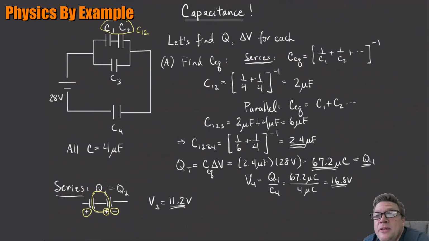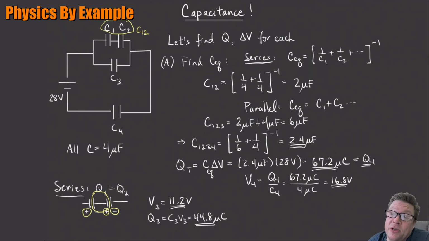And if I know V3, then I can get Q3. Because Q3 is C3V3, so if you plug those in, what did I get for that? 44.8. There we go. So we're just working our way around. So the amount of charge stored on 3 is 44.8. And now I know that C1 and C2, I know that the voltage dropped across them both is 11.2. And they are the same capacitance, right? They're identical capacitors.